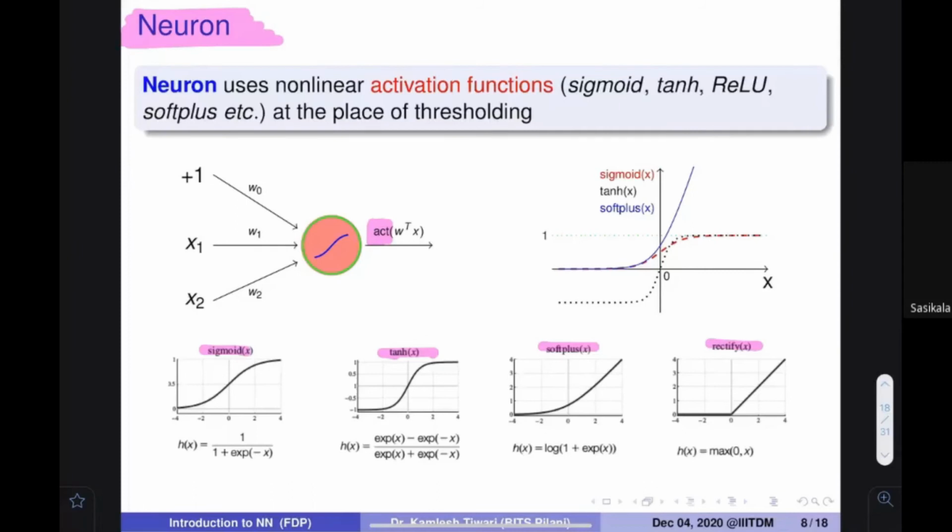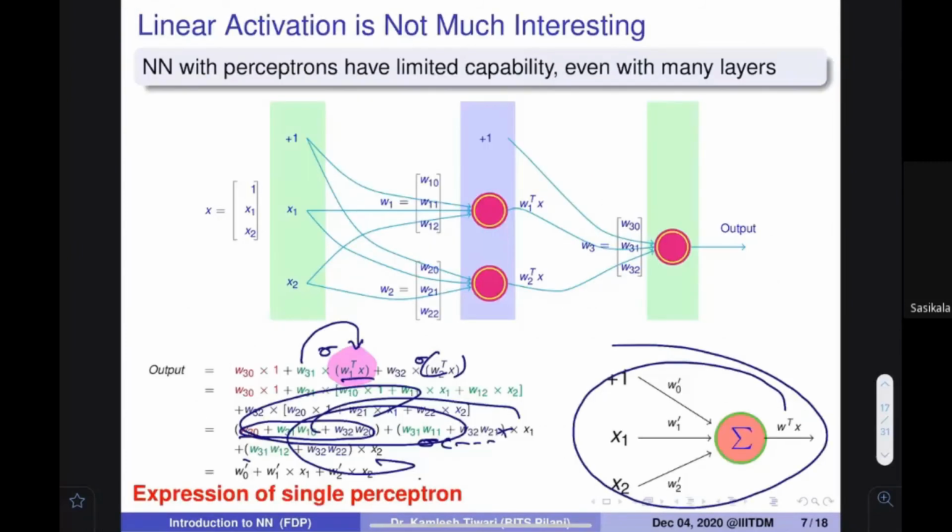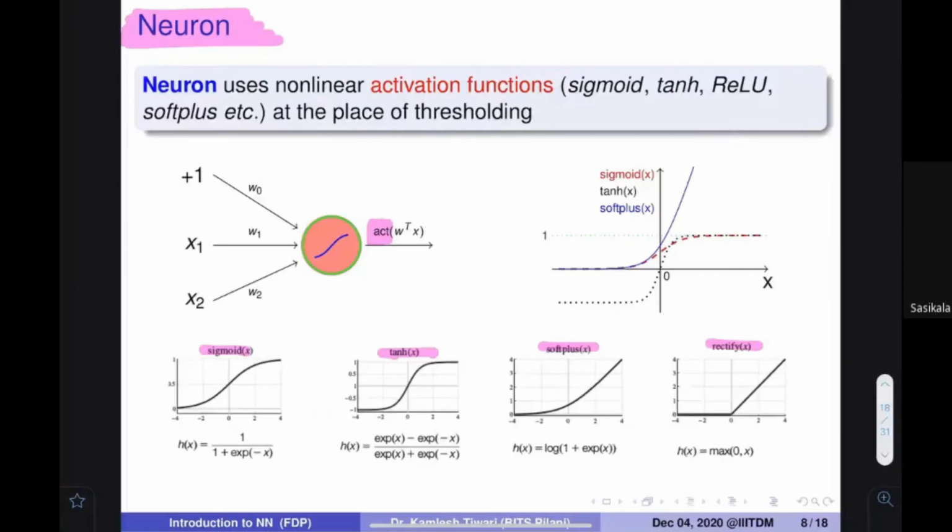So you were clear here that the problem was this. You're clear on this particular slide that the problem was that my complete neural network was actually collapsed to a single perceptron. So I changed this by adding an activation function over here.